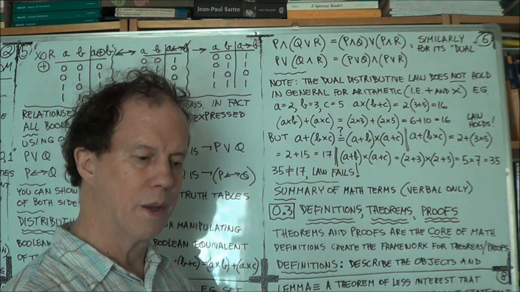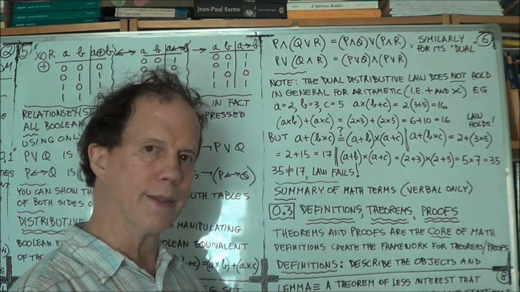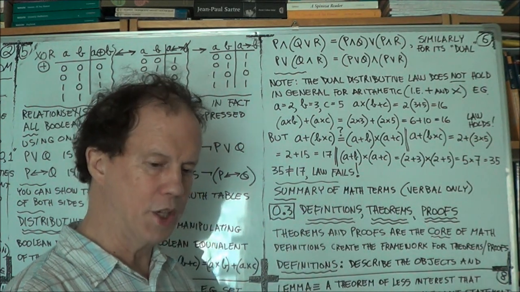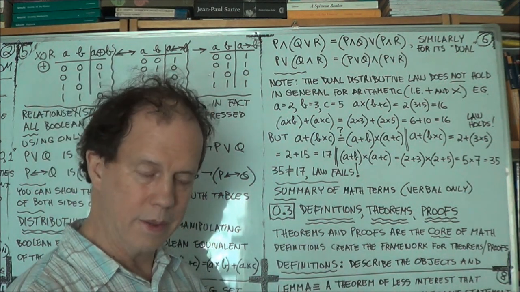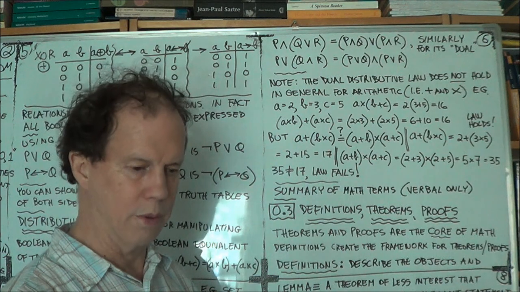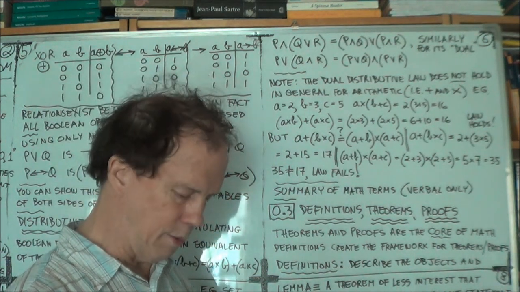Of all the subjects in computer science, theory of computation, complexity theory, stuff like that, is the most mathematical, right? And therefore a lot of people think it's the hardest, the most abstract.